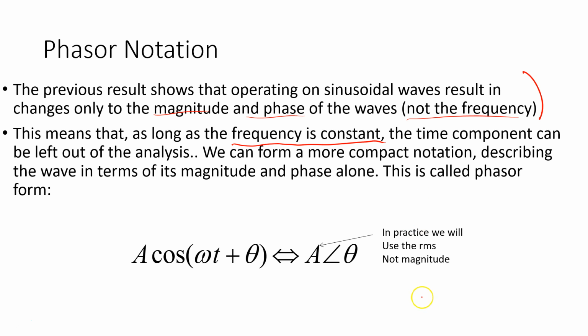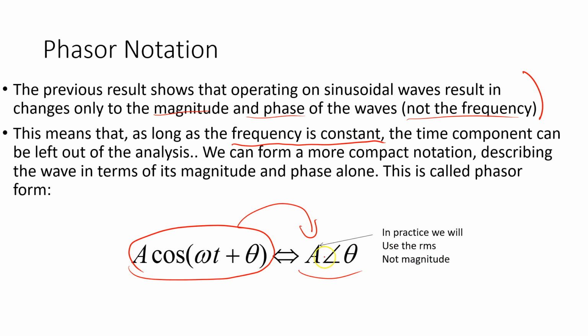And this is what the phasor actually is. So we could take this A cosine omega t plus theta, and we could turn it into simply A angle theta, because as long as we're all in the same frequency, this gives us the information that changes when we operate on the waves with other sine waves.